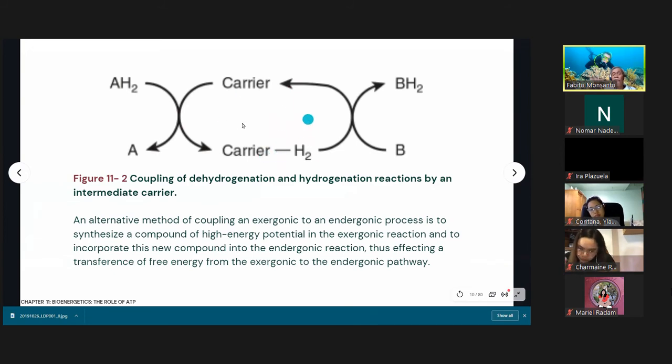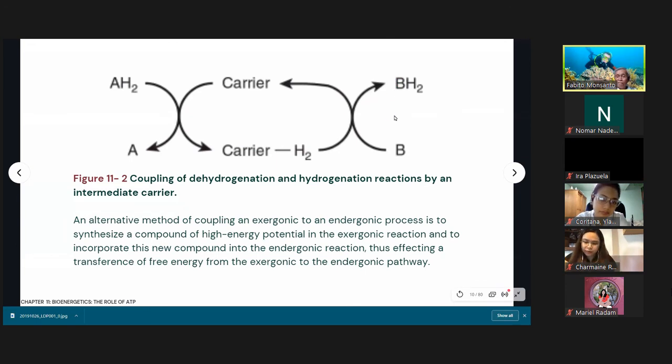Okay. So compound A, which is reduced, becomes now compound A oxidized. So oxidation means loss of the hydrogen here. And the gain of hydrogen makes compound B, which is oxidized, become reduced compound B. Okay?